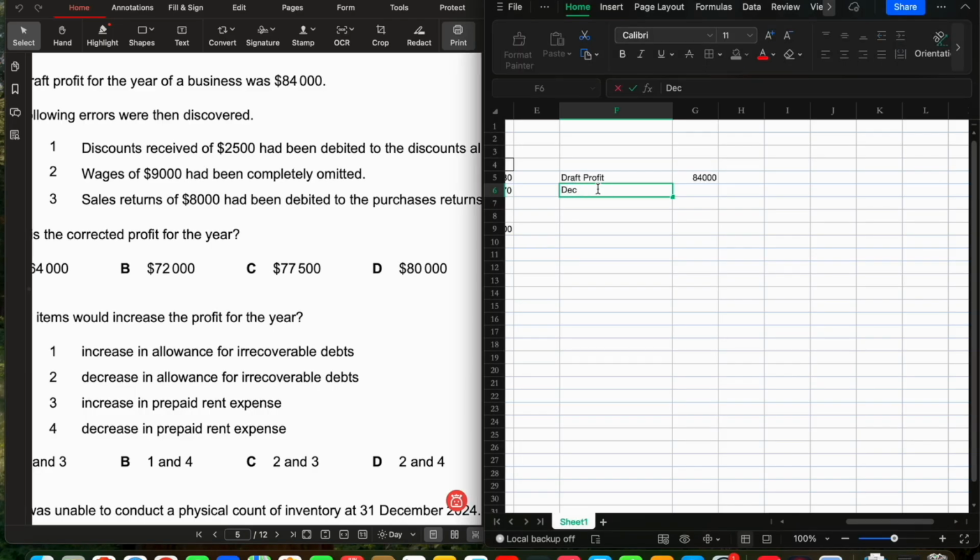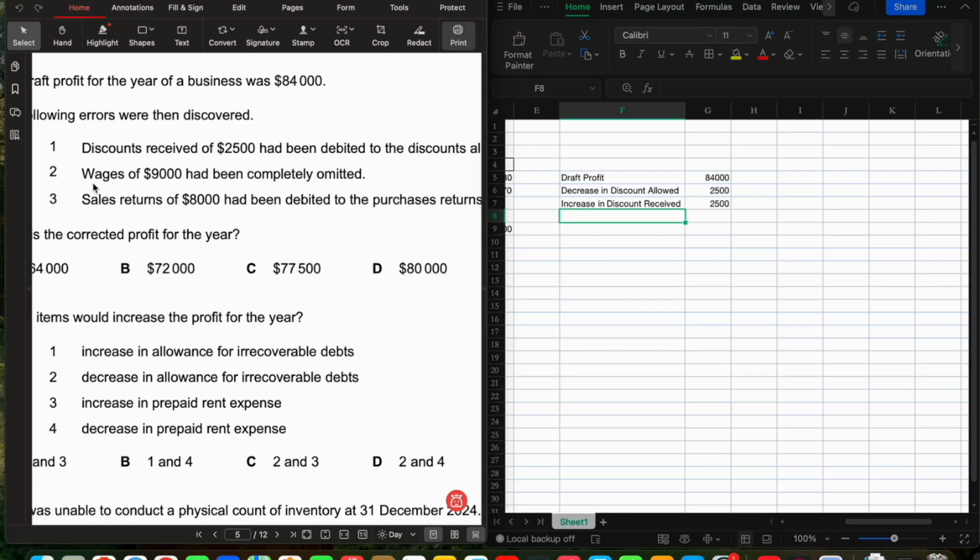Okay, decrease in discount allowed, which is 2,500, added to the profit, and increase in discount received 2,500, so it is also added into income.